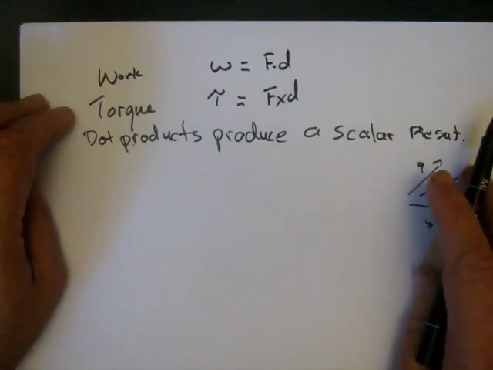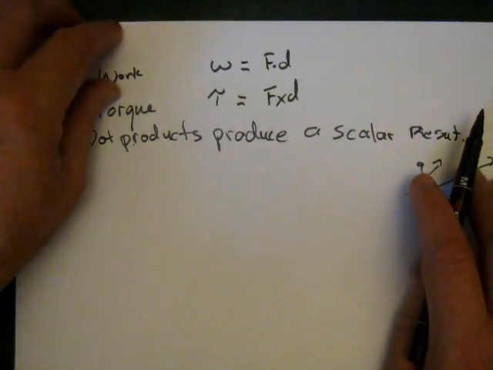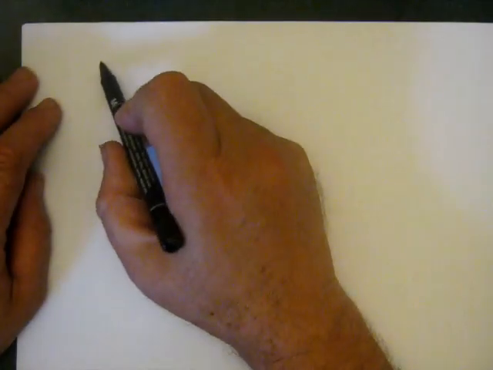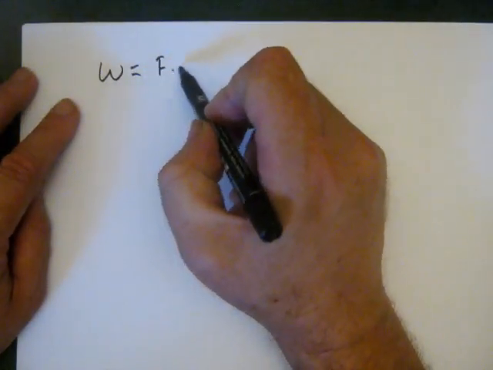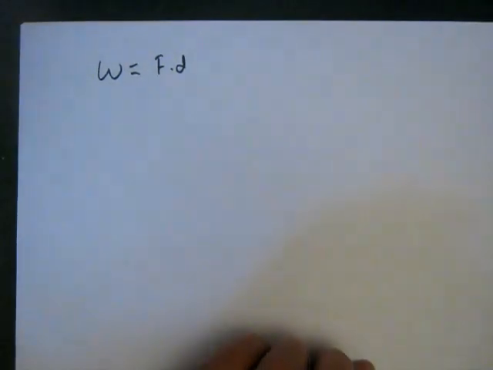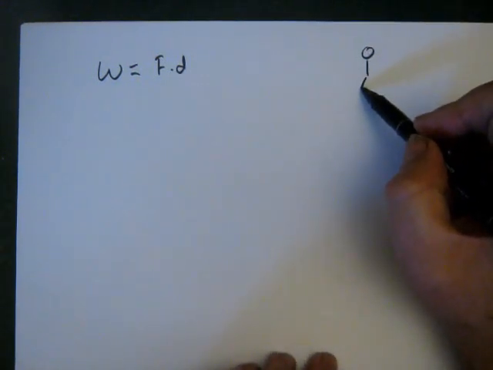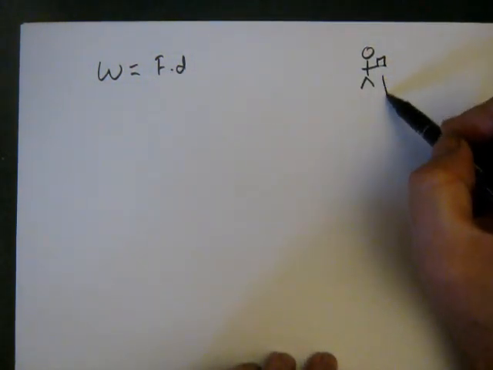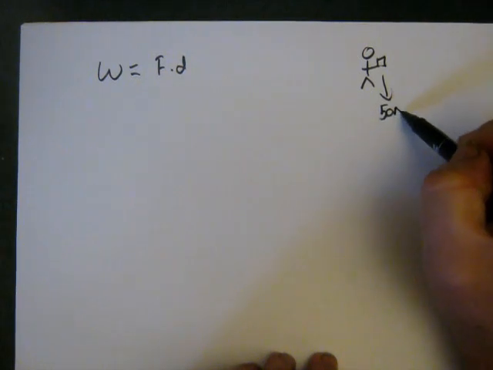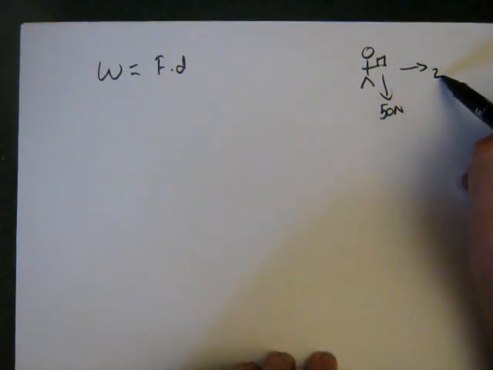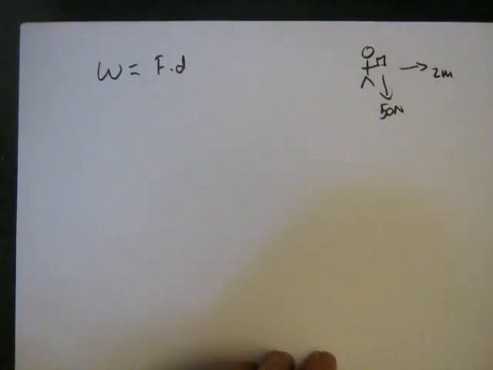Now, let's actually take this a little bit further, just because we can. If we go work equals force times distance, they had this problem in an exam in high school many years ago. A person is walking along carrying a box, and the box weighs 50 newtons, and they walk 2 meters. And the question was, what was the work done?